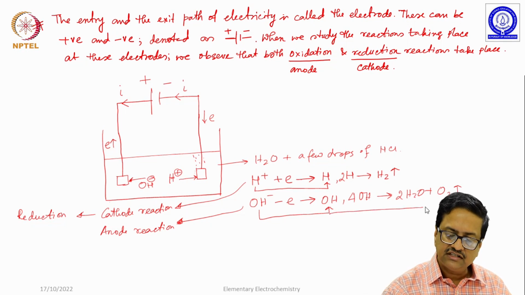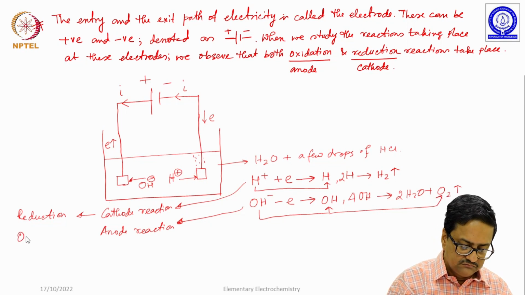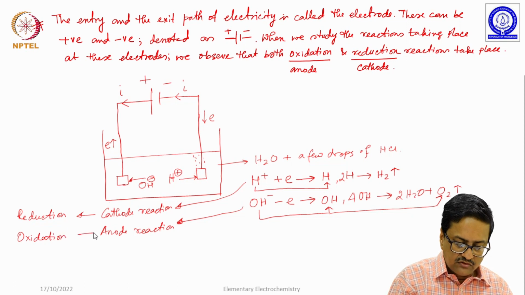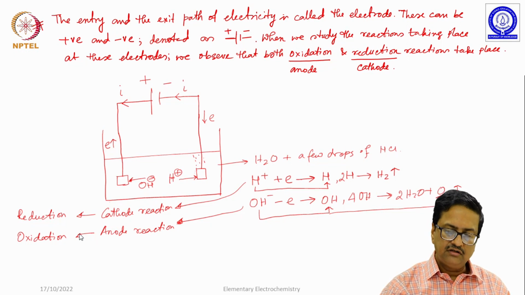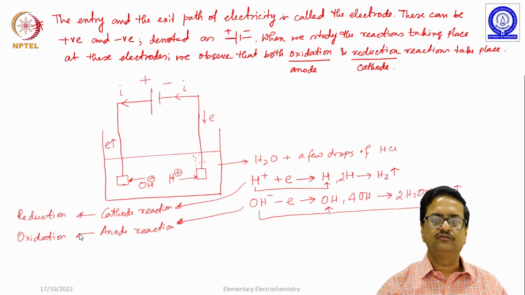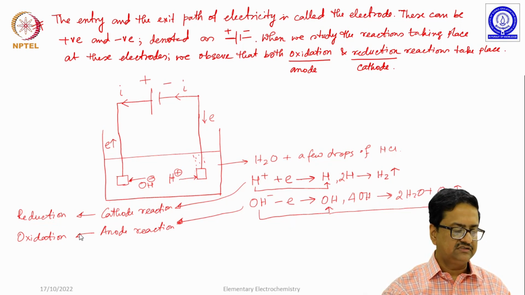Overall, the oxidation is to what? Oxygen, O minus to O0. So you should remember that the reduction happens at cathode and oxidation happens at anode in any electrochemical process.